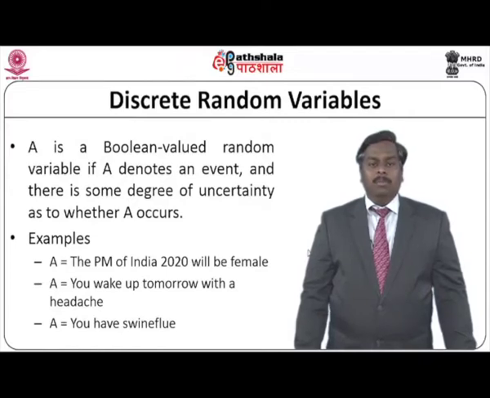For example, A can be treated as a random variable associated with who will be the PM of India in 2020, or A being associated with the scenario that the PM of India in 2020 will be a female, or A may tell whether, when you wake up tomorrow, there will be a headache or not, or A can indicate you having swine flu.